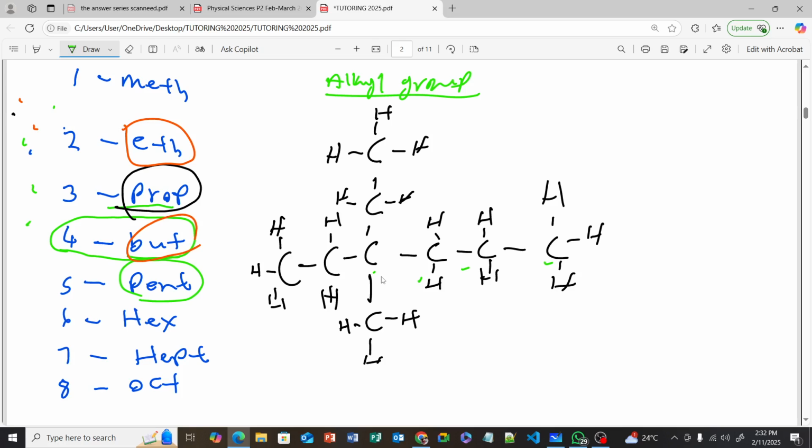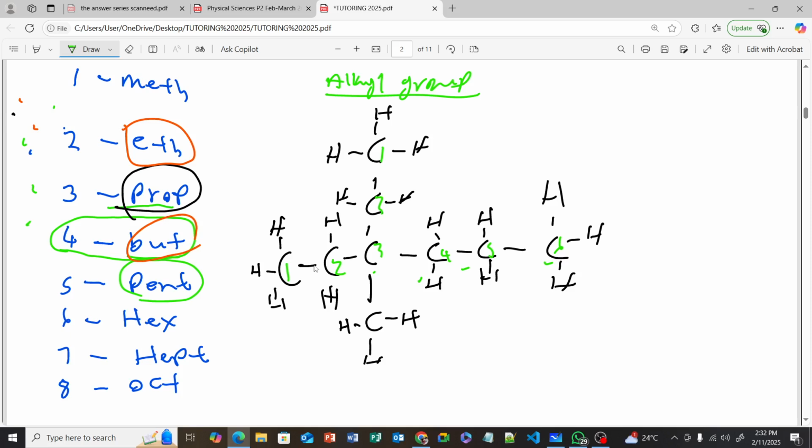Okay, let us check if we move from here. 1, 2, 3, 4, 5, 6. Even if I move from here, it's going to be 1, 2, 3, 4, 5, 6. So it doesn't matter if I come at an angle or straight.